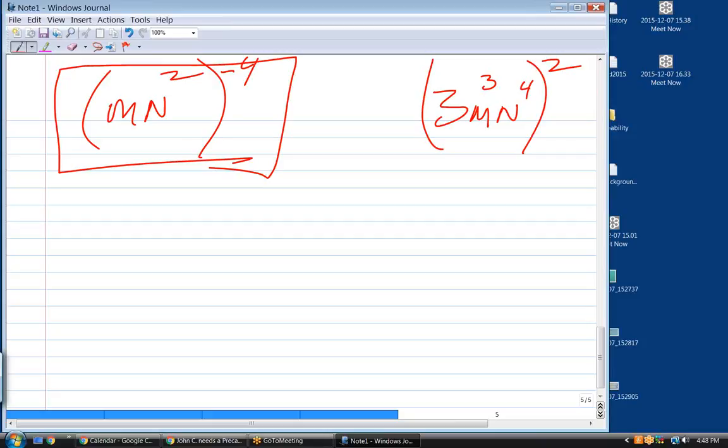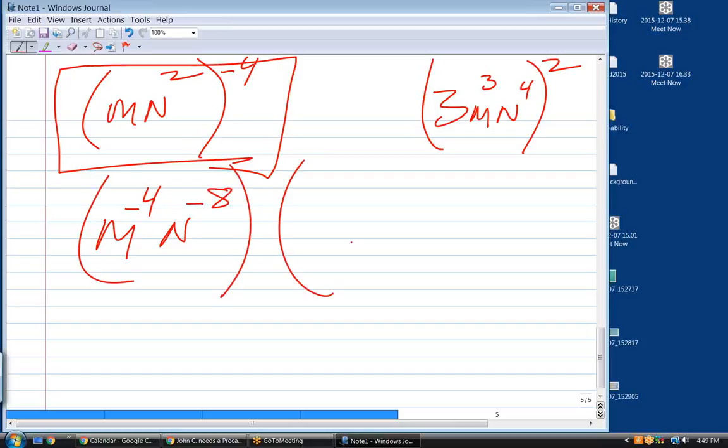What is that equal to, what I have squared there in the rectangle? To the negative fourth, and to the second. No, 1, to negative 8. Good. So that's that. And then what's this thing become? 9 to the 6 and to the 8.